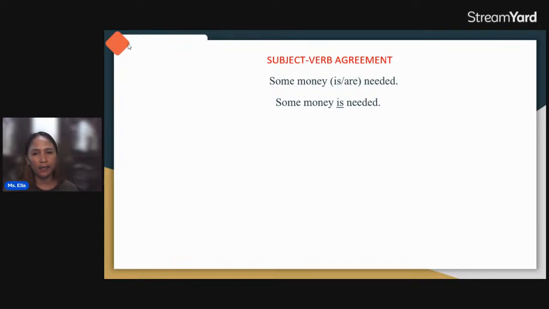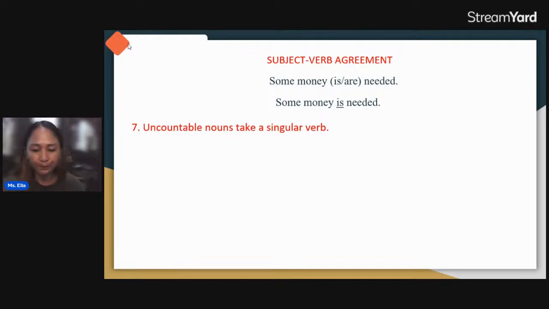Why is the verb singular? Again, uncountable nouns take a singular verb. Money is considered an uncountable noun. Though we can count money, there are terms we use aside from the word money to make it a countable noun.